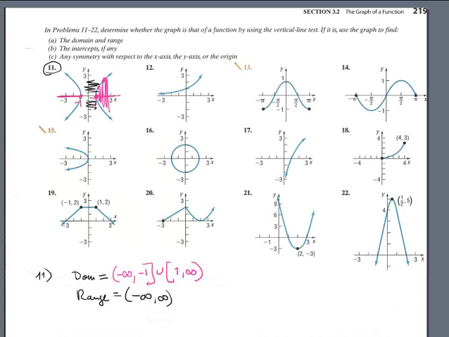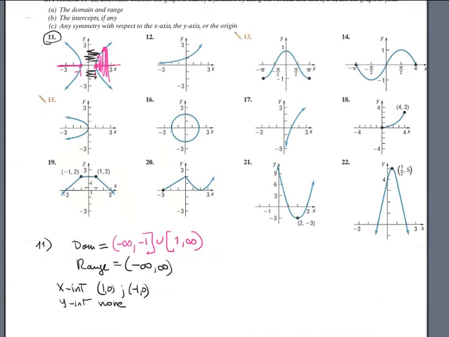Intercepts. Obviously, we have two x-intercepts, the points (1, 0) and (-1, 0). And the y-intercept, no, it never crosses the y-axis.